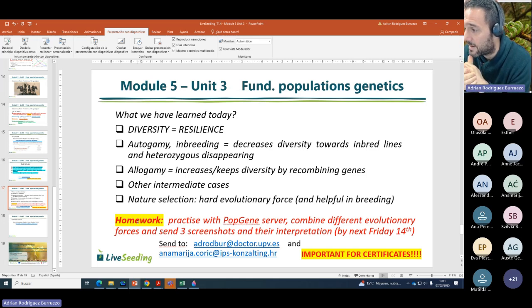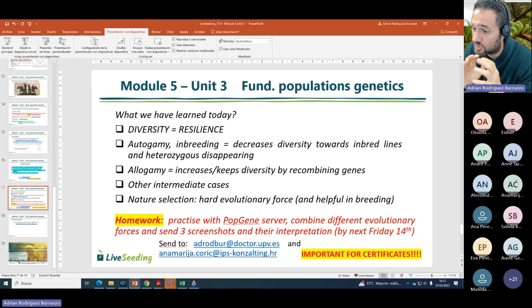Natural selection is a very hard evolutionary force and also is helpful in breeding because, for instance, indirectly, when we are acting as breeders, selecting the best tomatoes or the best wheat for the future population, in parallel the climate change effects are helping us to shape the population, because indirectly we will perceive that there are bad plants, plants which are smaller, plants that did not set fruits well.